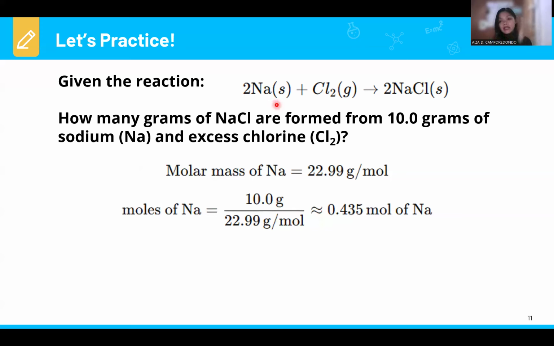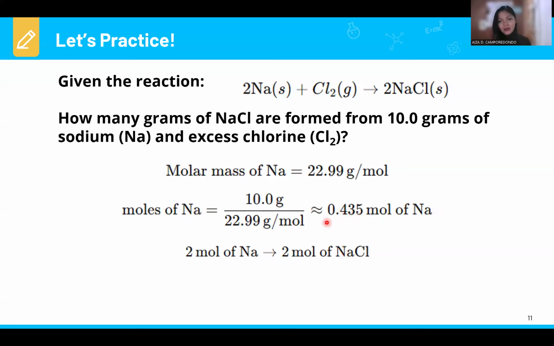Therefore, the moles of sodium is equal to the moles of sodium chloride. If we follow the formula, we will arrive at the same value of moles in the case of sodium chloride.